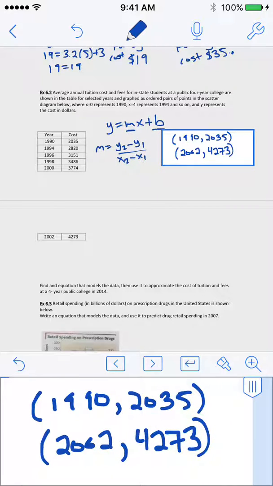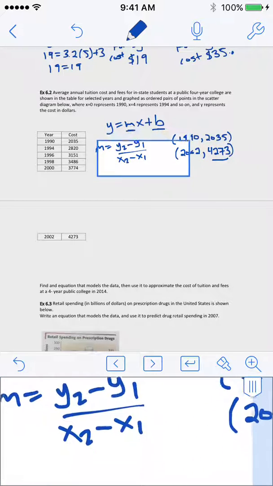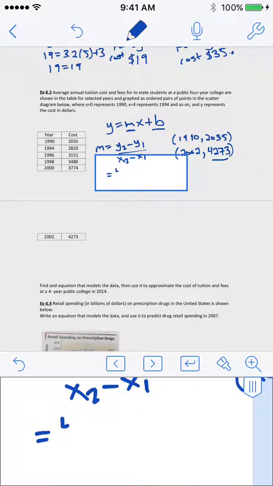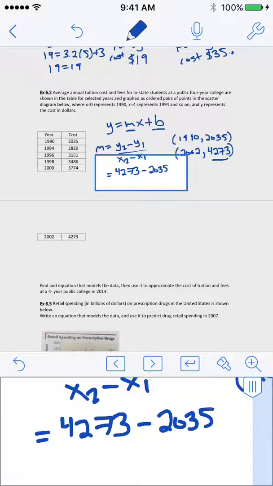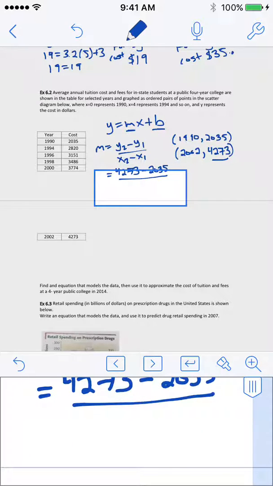Y2 is going to be this number right here, the second y. So 4273 minus 2035, over 2002 minus 1990.